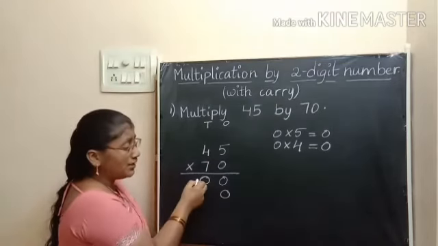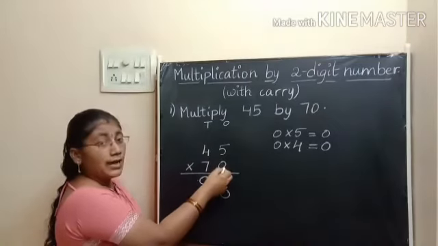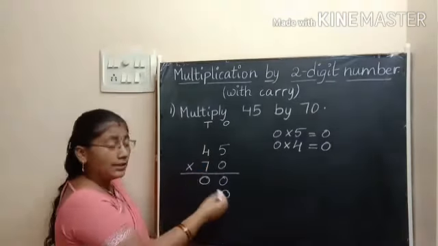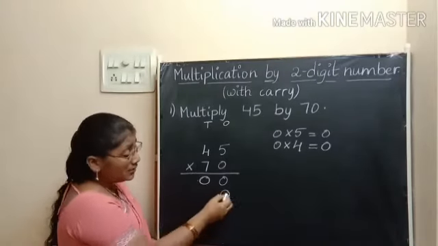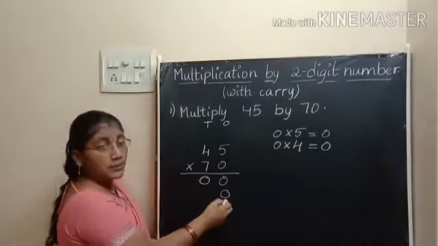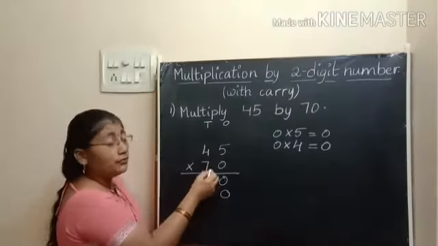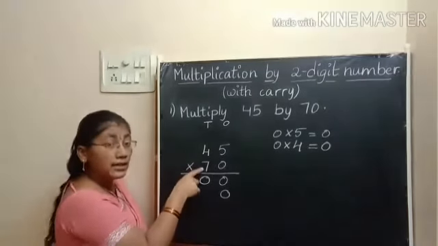This first line belongs to multiplication of 45 and 0. And the result of 45 and 7 we should write in the second line. And before that we should write 0 in ones place, because we are multiplying 45 with the digit in tens place.